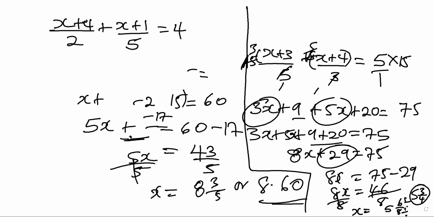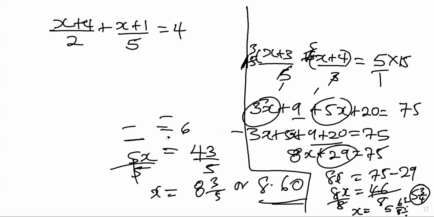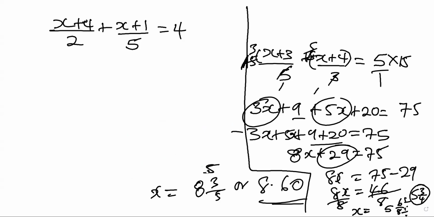So the LCM would have been 10, right? So I can multiply through by 10. Let's clear off the side here.